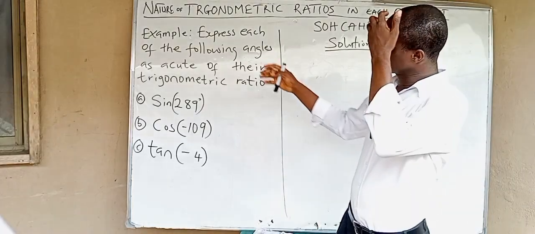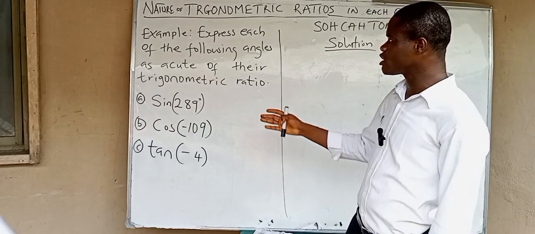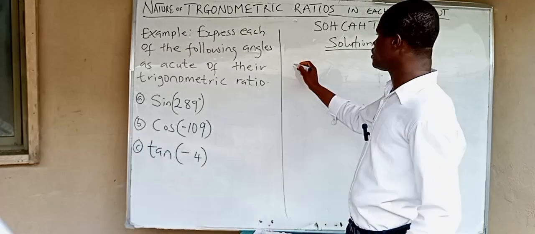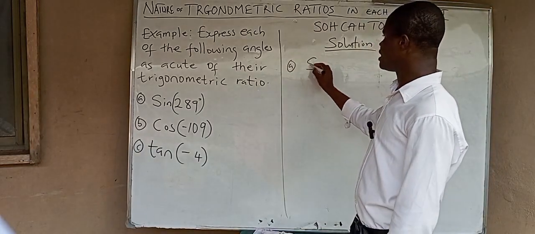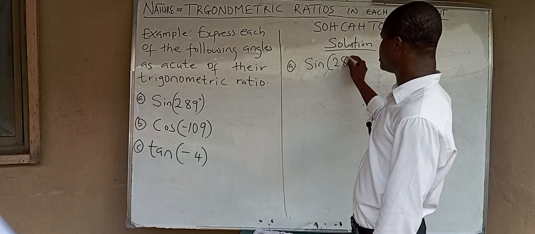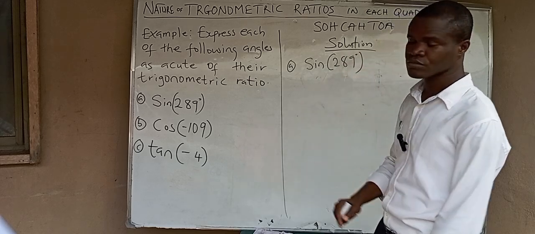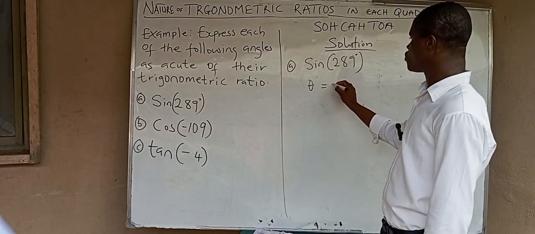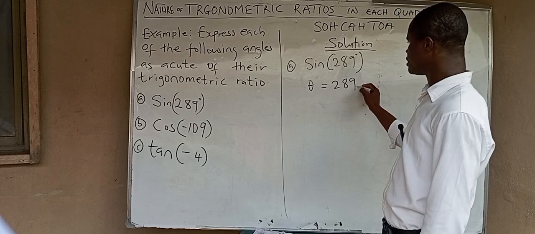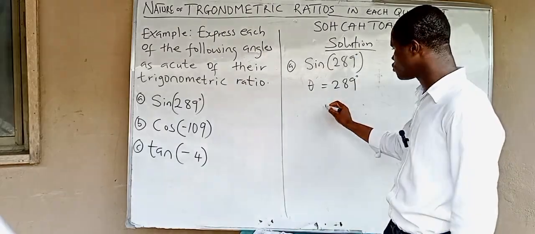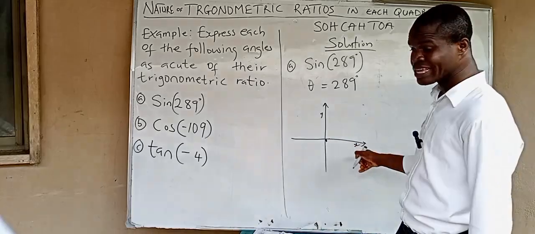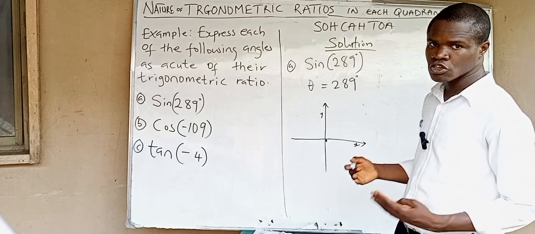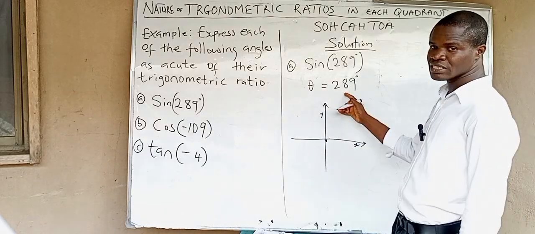In this question, we are asked to express each of the following angles as an acute angle of their trigonometric ratio. So let's solve the first one, A. We are given 289 degrees. Here it means that theta is equal to 289 degrees. Let's draw. We're going to start from OX to measure, and since it is positive, we are going to go in the anti-clockwise direction. 289.